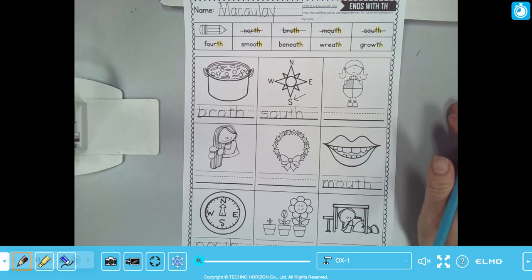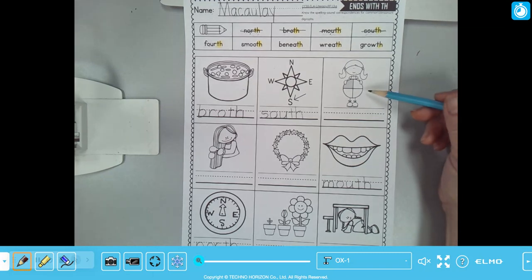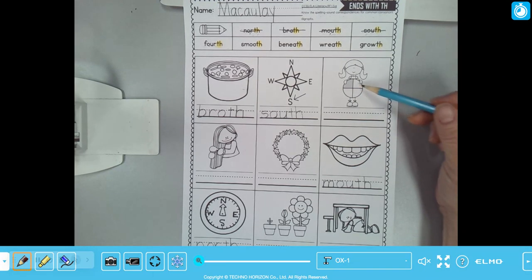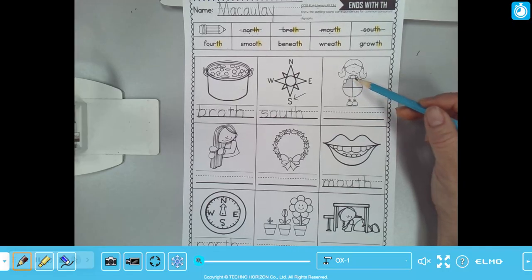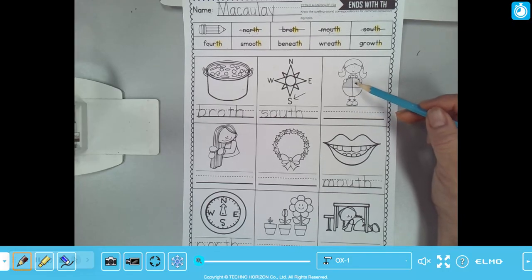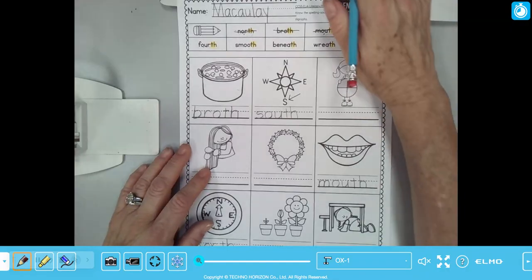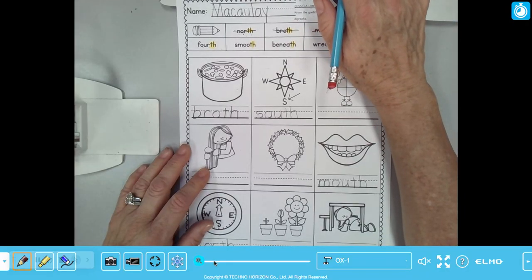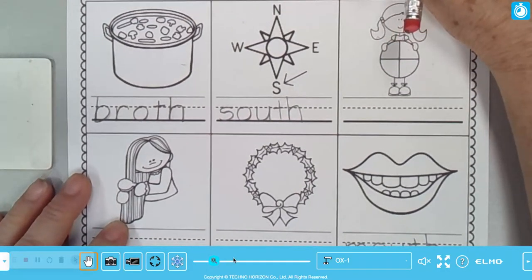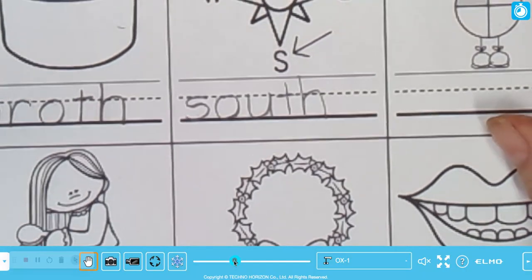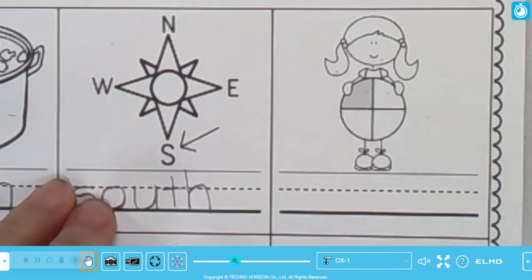Yeah, that means I don't see fourth. Oh, right here, 1/4. There it is. So it's 4 pieces, and each piece is called a fourth. So this is fourth. So let's make this bigger and write the word fourth right there.